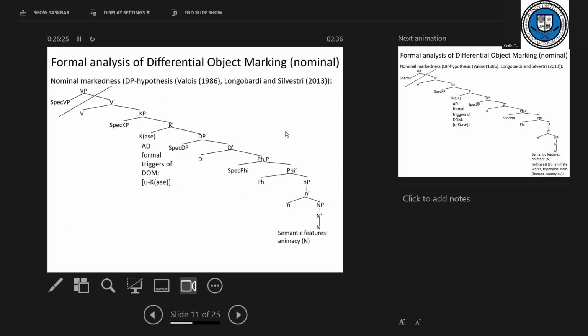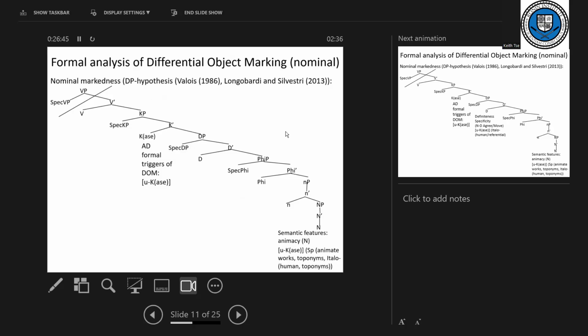Right. So if we go back to the tree that we drew earlier on, here we've got all of these functional projections, and we can identify the loci of variation for DOM here. Okay, so first of all, animacy. So here, there's some variation there.